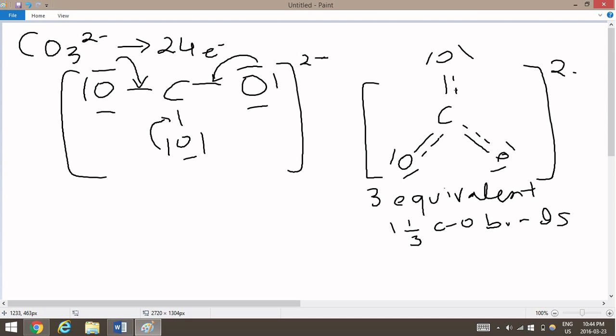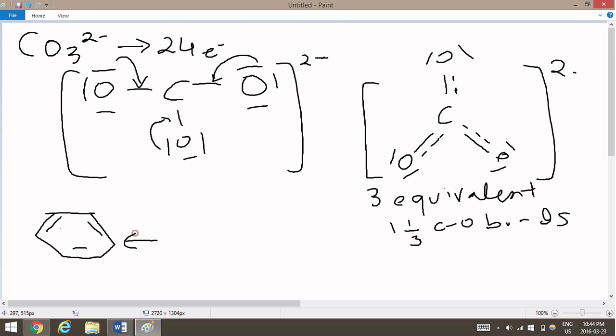Now another example of a very common resonance structure is the benzene ring. I'm not sure if the people watching this video have done organic chemistry or not, but the benzene ring is an extremely common and well-known resonance structure in organic chemistry, and this is because it has 3 carbon-carbon double bonds that can exist basically anywhere.